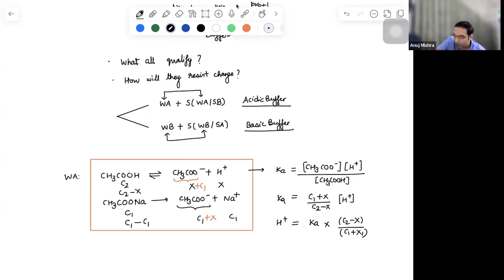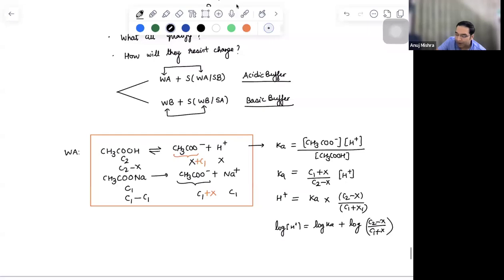Okay. Now just do one thing. Take log both sides. Log of H plus is log of Ka, C2 minus x upon C1 plus x. Multiply everything with minus. This is pH. This is pKa. Now, let's say this becomes minus log C2 minus x upon C1 plus x, but I'll write it as plus log C1 plus x upon C2 minus x.